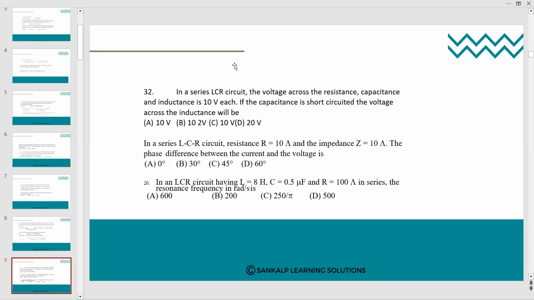Here is our next question. In a series LCR circuit, the voltage across the resistance, capacitance, and the inductance is 10 volt each.